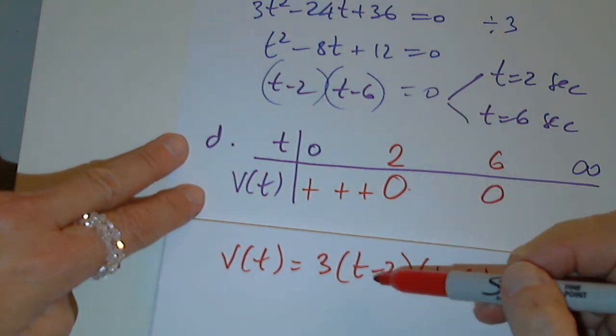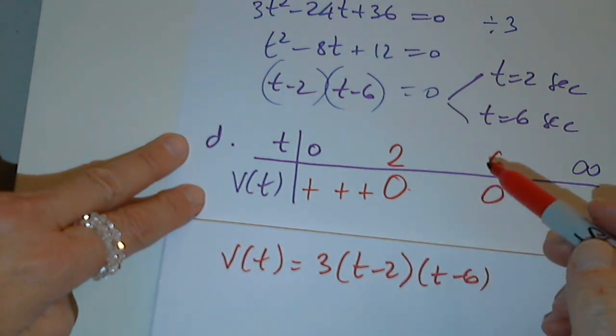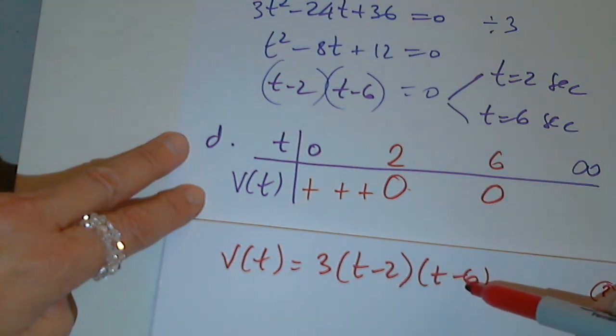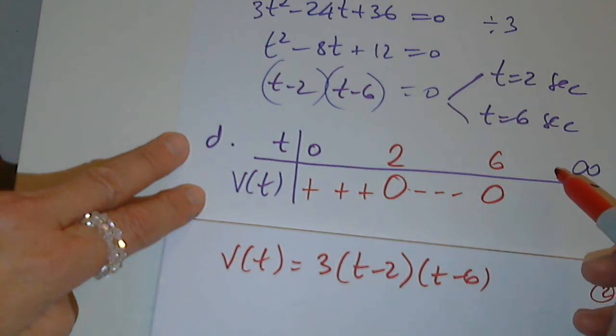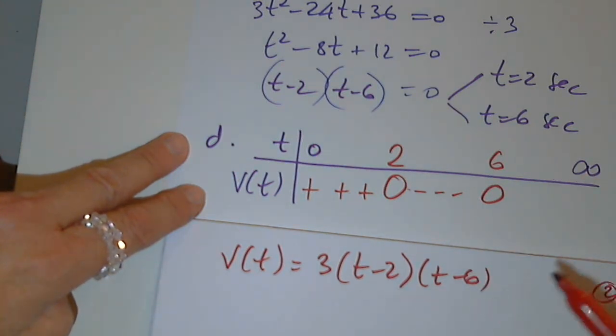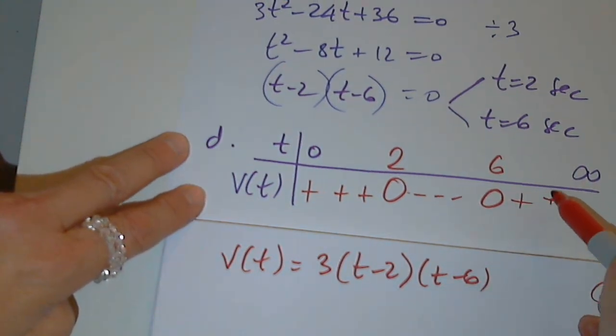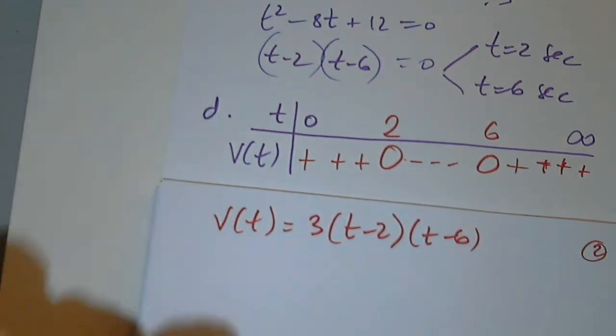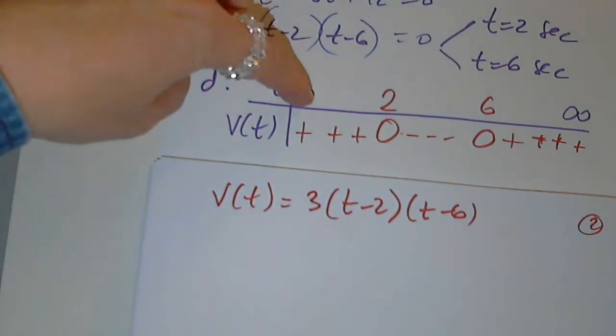Please plug in 3 here. So yes, because 3 minus 2 is positive and 3 minus 6 is negative, of course. And plug in 10. So where is the particle moving, according to the question, in the positive direction? Between 2 and 6?